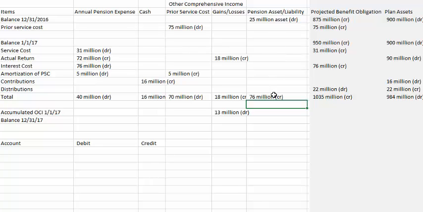We subtracted $76 million, and lo and behold, that leaves us a $51 million credit balance. And that's accurate because we have a liability of $51 million that should show up on our books because we don't have enough stored away in the plan assets to cover all of our obligations.